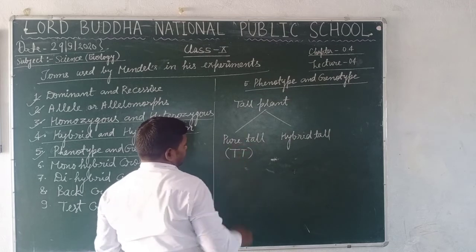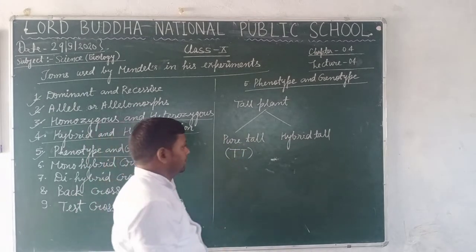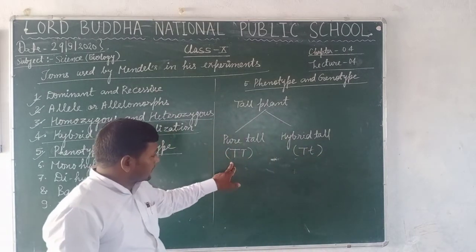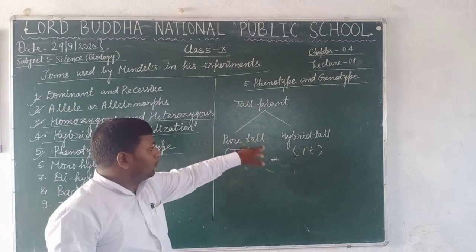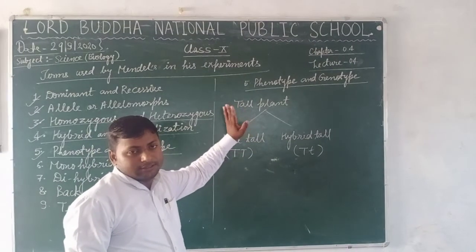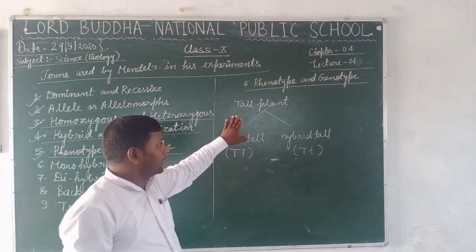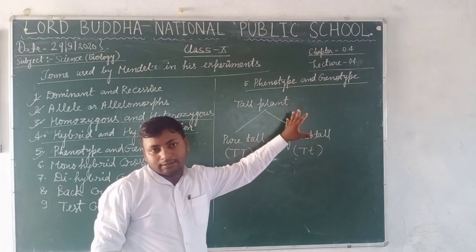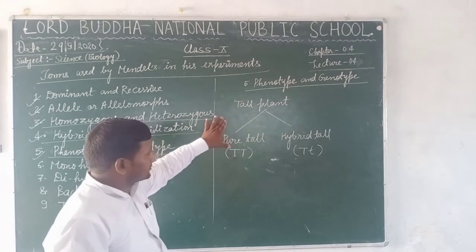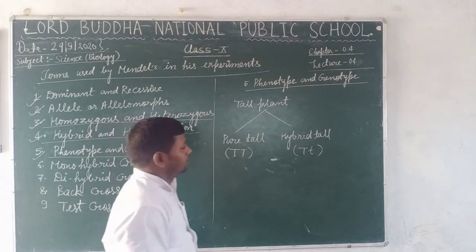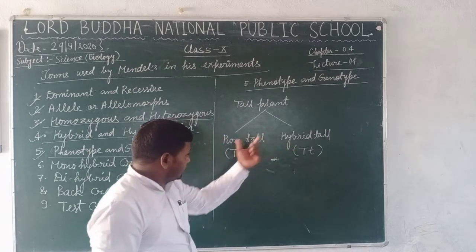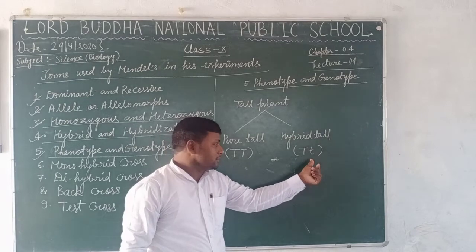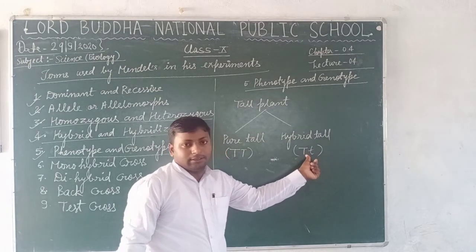The genotype of the pure tall is capital T capital T, and of the hybrid tall capital T small t. But in physical appearance, both plants have a tall stem length, they are tall in height. This is called the phenotype. But genotypically, this is the pure tall, whereas this is the hybrid tall, because it contains a dominant and another recessive trait.